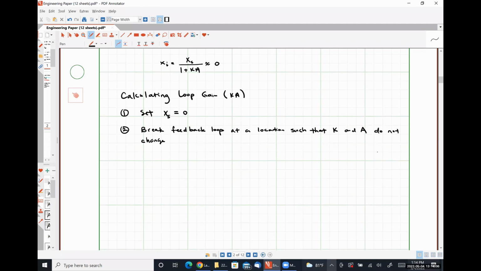So for our signal flow diagram, that would look something like this. We would apply a 0 signal at our input. That's a plus, that's a minus. Here's our amplifier characterized by its open loop gain A. And we're going to break this open here.